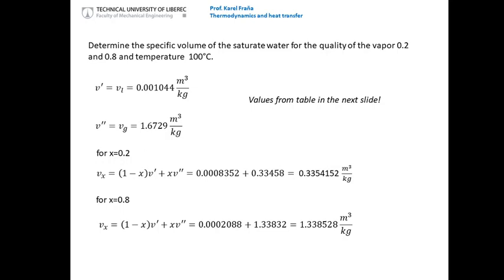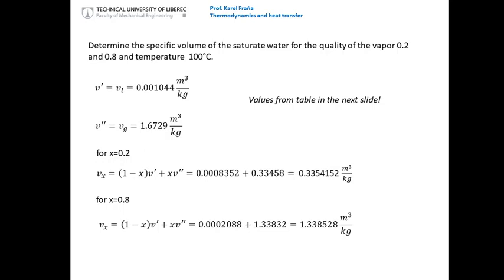And now, first of all, we will calculate this value for the quality of the vapor 0.2. You use the formula which I have already introduced. That means our specific volume for just this quality of the vapor is composed of two parts. The first is a portion of the saturated liquid and the second one saturated gas.